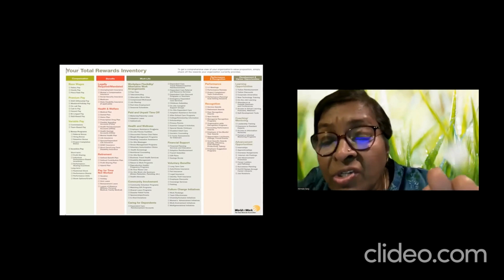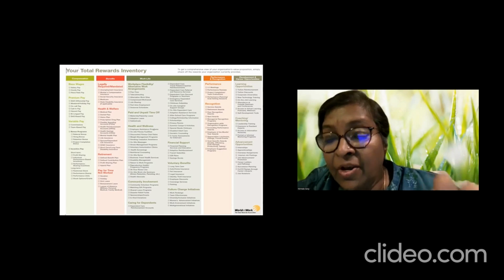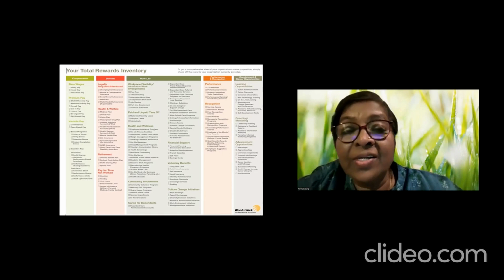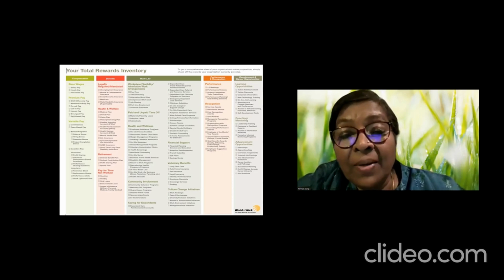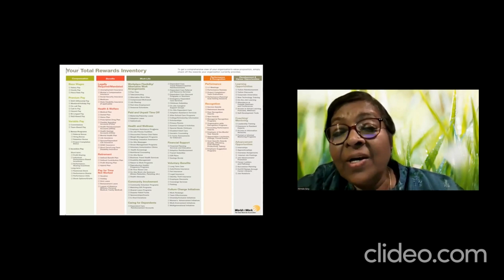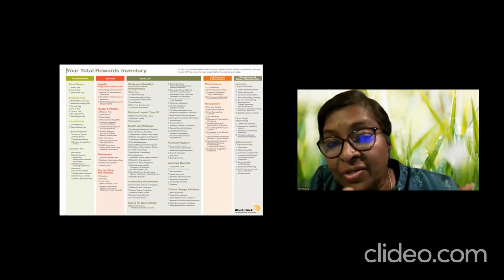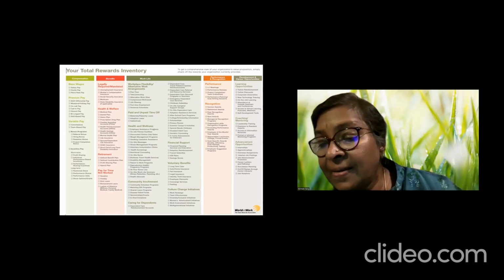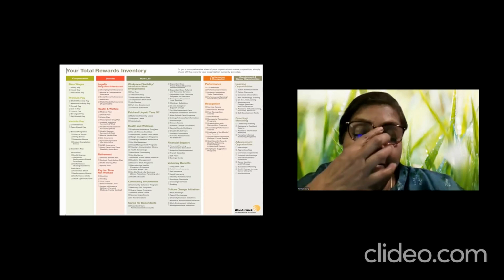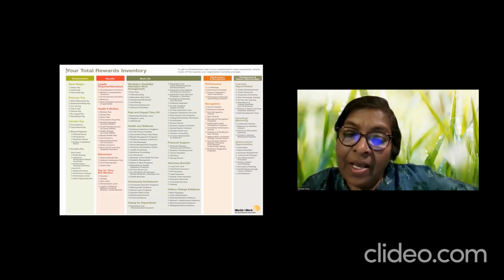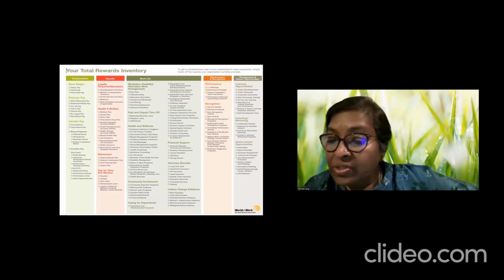Now you can do your own checklist for whichever organization you are currently working in, and see whether your organization is giving some of them, all of them, or 60%, and whether there is any linkage or integration with these elements inventory. Any questions on this? Because this will become very important and help you understand the total reward strategy.